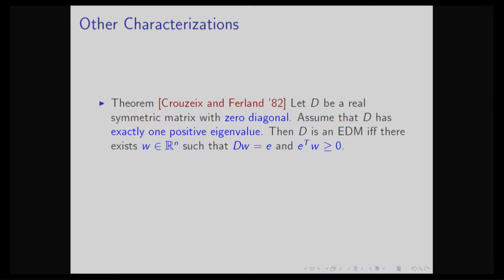There are other characterizations. This is another characterization which says that D is real symmetric with 0 diagonal. Notice we always assume that. In all characterizations, this is assumed. Then we assume that D has exactly one positive eigenvalue. Then D is an EDM if and only if there exists a W such that DW equals E, and E transpose W is greater than or equal to 0.